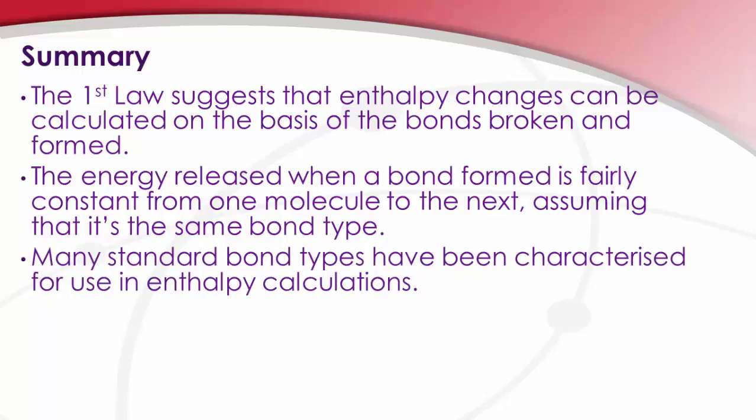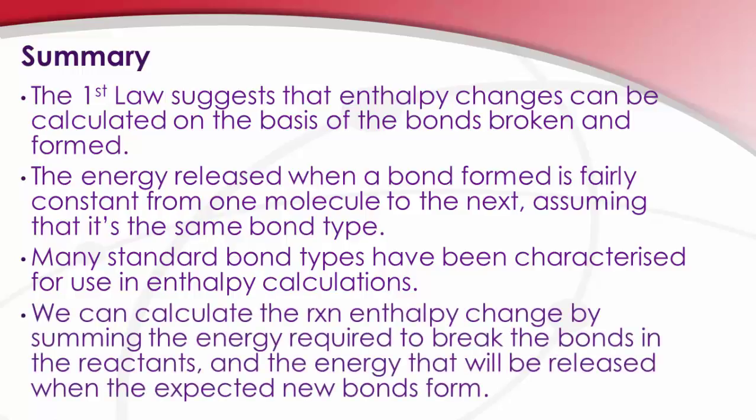Most bond types have been characterized to some degree, so we can look those up in references for use in enthalpy calculations. We can use these to calculate the expected energetics of a reaction, even if we can't measure it with calorimetry. We can calculate the reaction enthalpy change by summing the energy required to break the bonds in the reactants and summing the bonds of the products to determine the energy that should be released when they form.